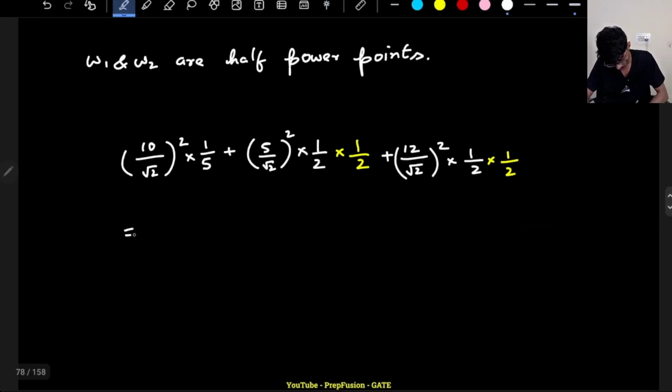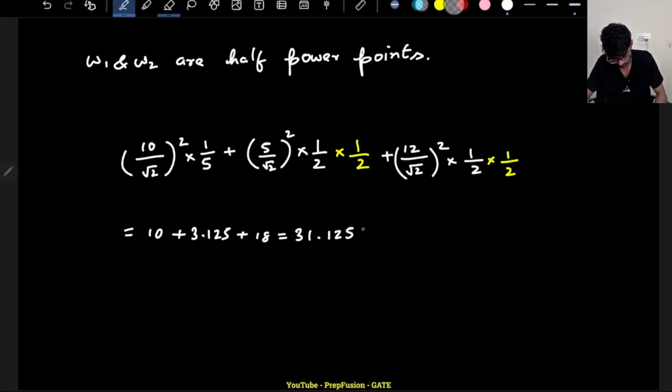Now if I calculate the final answer, this will be 100 by 2, 50 by 5, 10 watts, plus 25 by 8, which will be around 3 point something, 3.125.